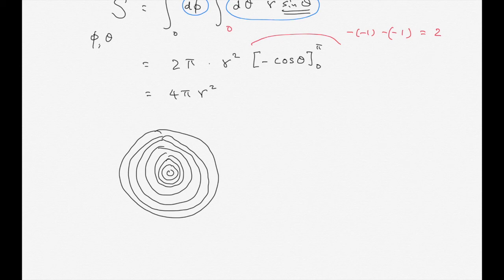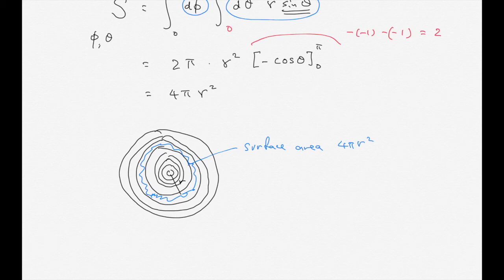Then we just consider one of the shells. And the radius of this shell to the origin is r. Then as we explained, surface area is given by 4 pi r squared.